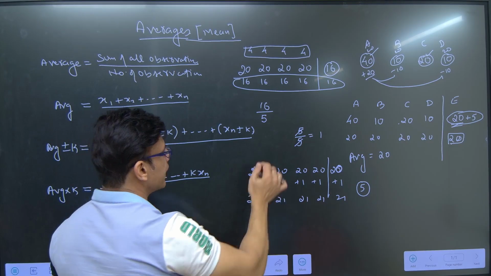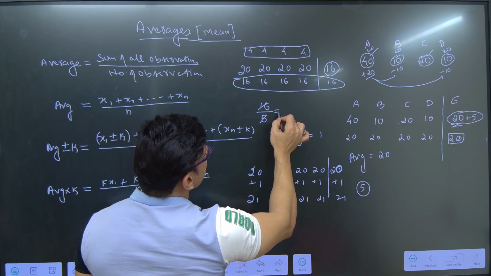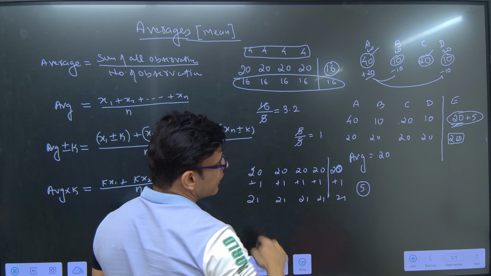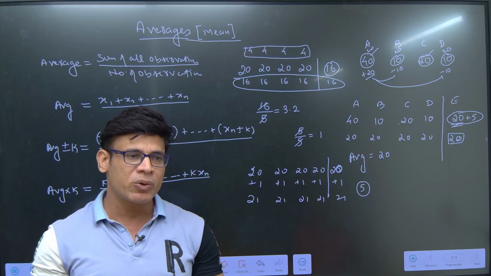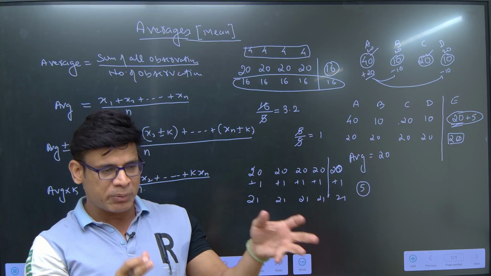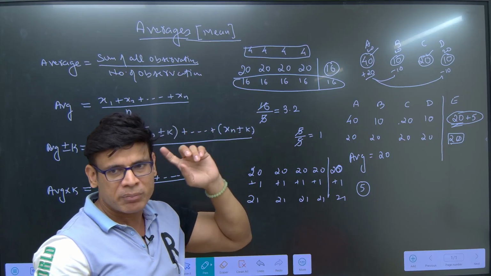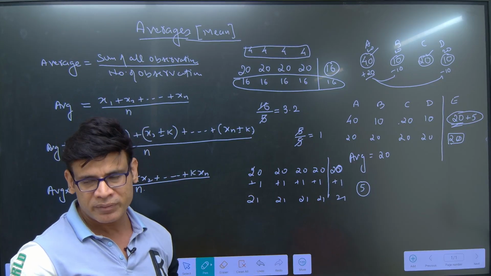How much will it be? 3.2. So now each brother will also get 3.2 chocolates more, because 16 is extra, but that will be divided among each brother. So 16 plus 3.2 is 19.2. So now every brother will have 19.2 chocolates.